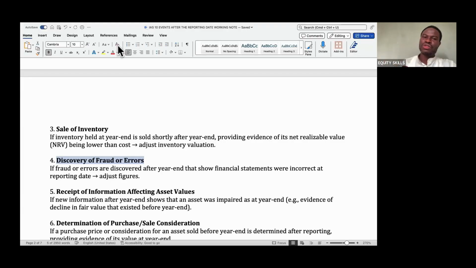You are only going to correct it by adjusting the opening balances of assets, liabilities, or equity, depending on the nature of the item, so that we will know which one is affected. But we cannot go and change the figures of the report.